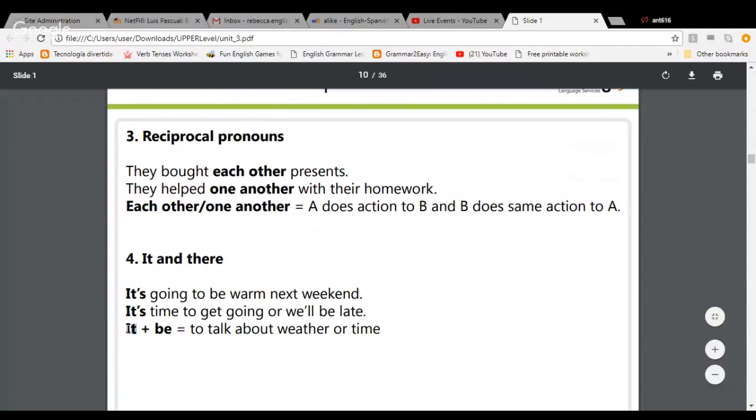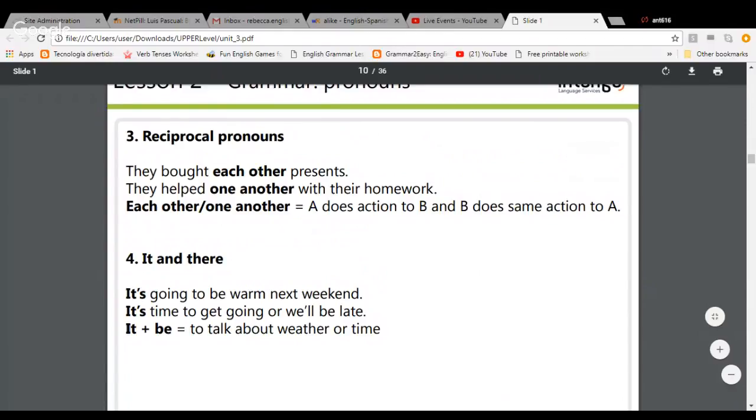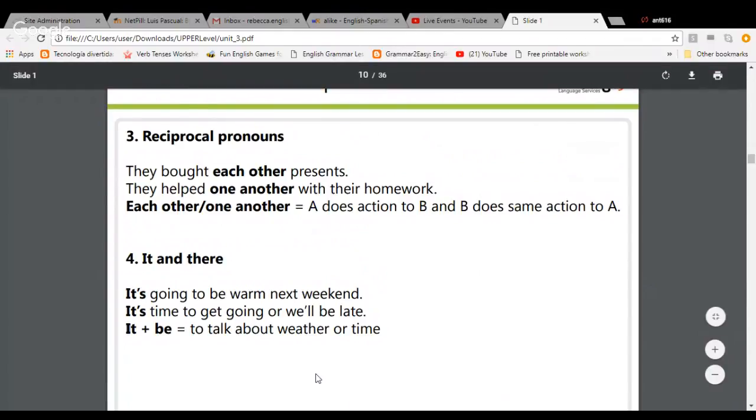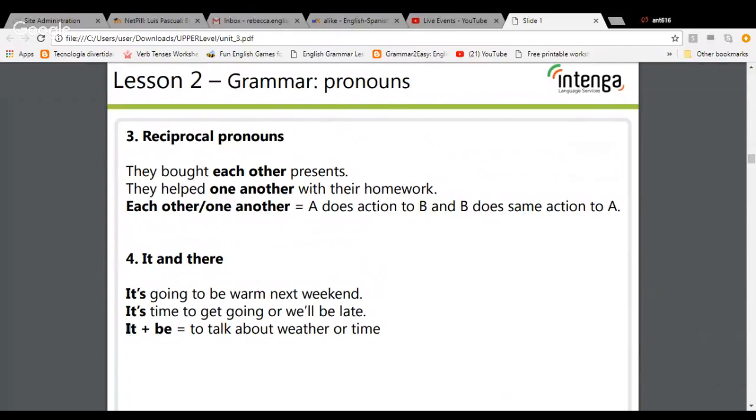I did do it once, I think. This is a C1 level part of grammar. It refers to the situation. It's time. Generally, we're going to be late. So it is time, to get going or we'll be late, right now in the moment.